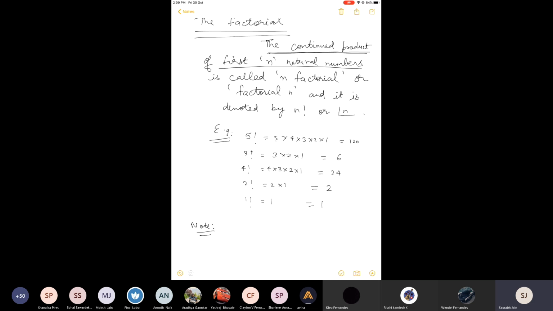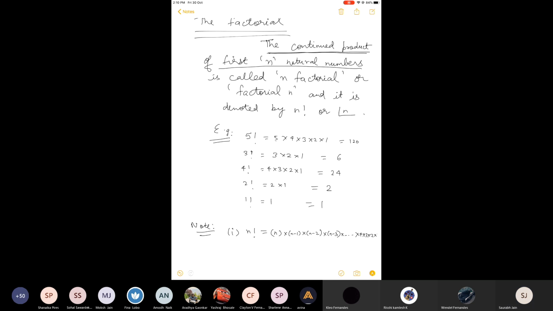Now based on this there are some results, but first I will write the definition in a more general way. Suppose I have to write n factorial in the expanded form. Expanded form means like 5 into 4 into 3 into 2 into 1. Then n factorial can be written as n into n minus 1 into n minus 2 into n minus 3, and this goes on decreasing till 1.